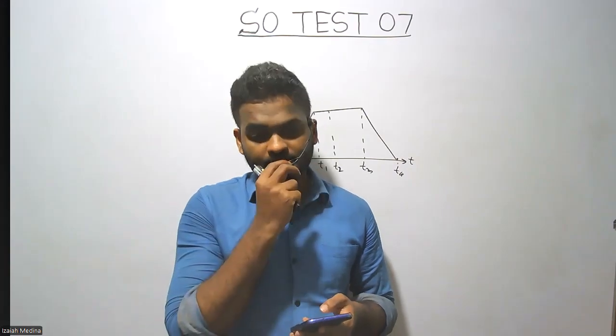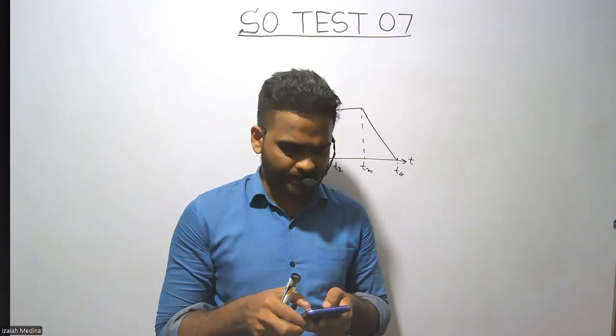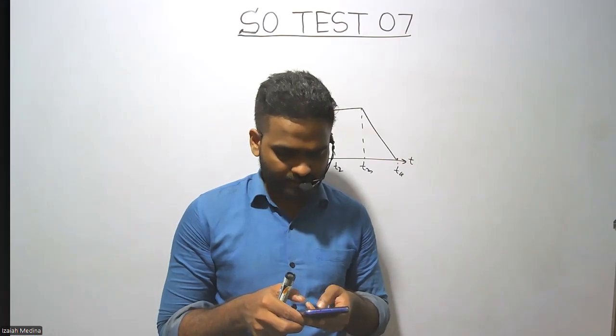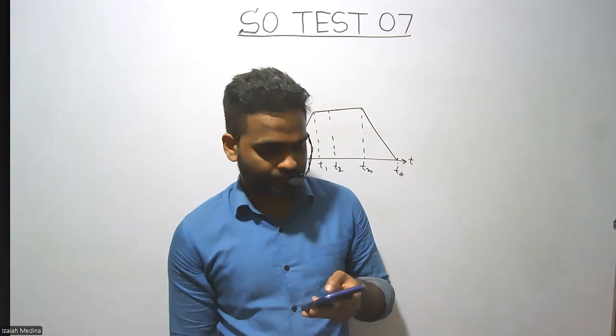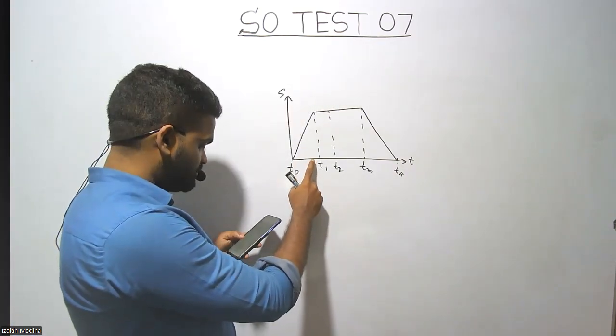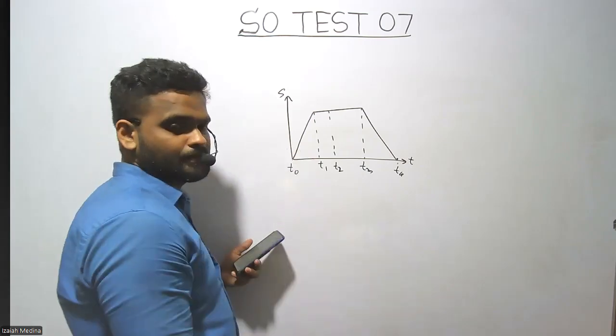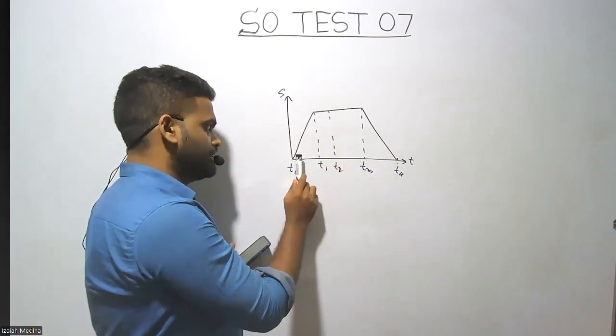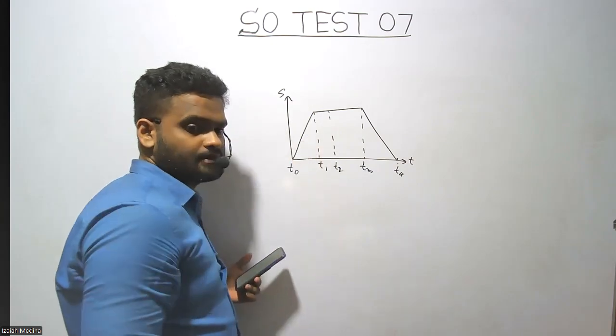Let's consider the first option A. Within T0 to T1, the particle moves at constant acceleration, and within T2 to T3, the particle moves at constant velocity. So T0 to T1, here to here, they say the particle moves at constant acceleration. This is an ST graph, right? If it is a VT graph, then it has a constant acceleration.